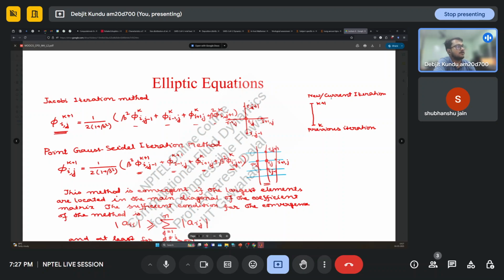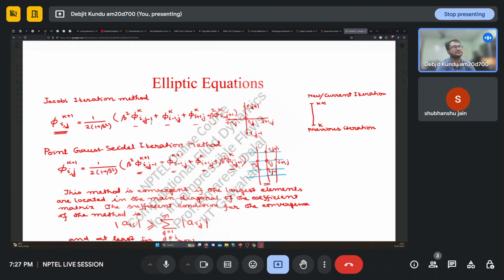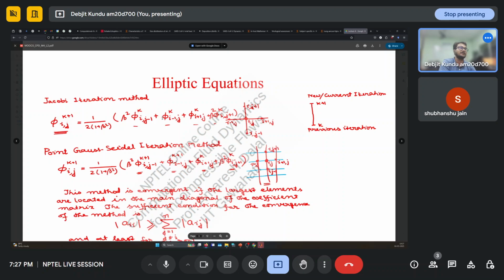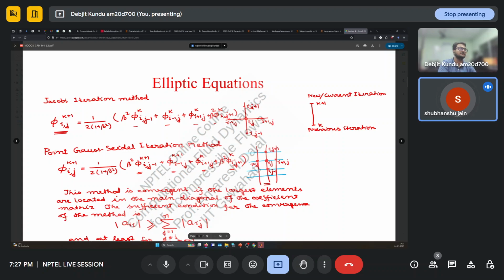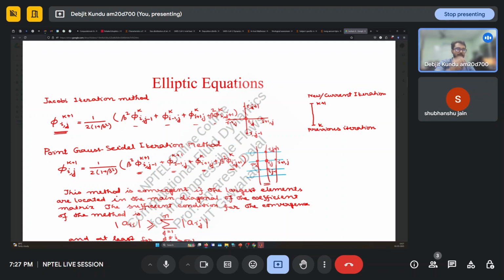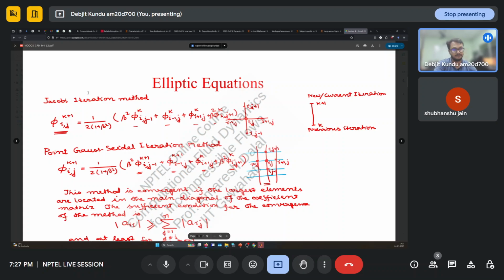In order to find the new iteration, if you're using all old values for all its four neighbors, then all these four terms will have k in their superscript. So i,j minus 1 will have k, i minus 1,j will have k, i plus 1,j, already known. They're old values. So that is what the Jacobi iteration method is.